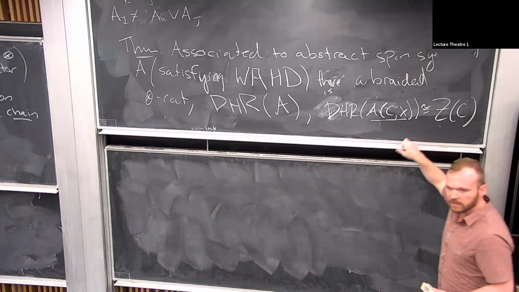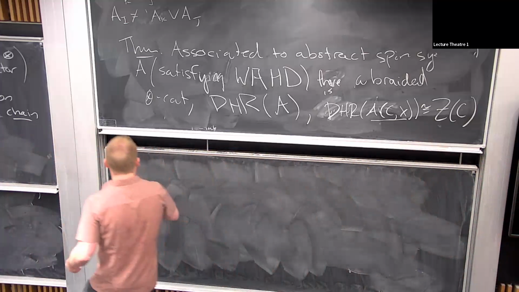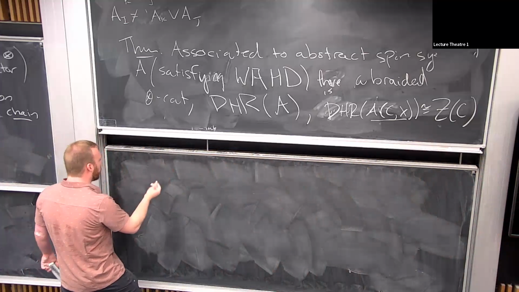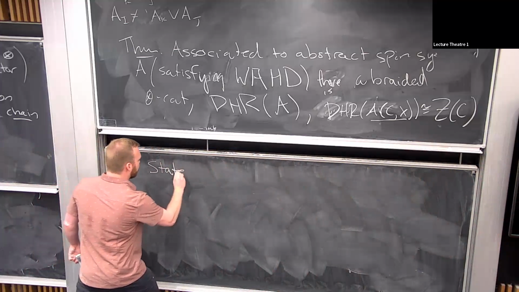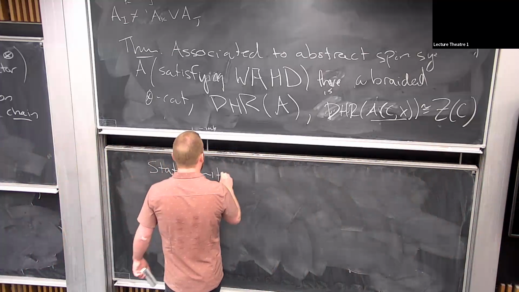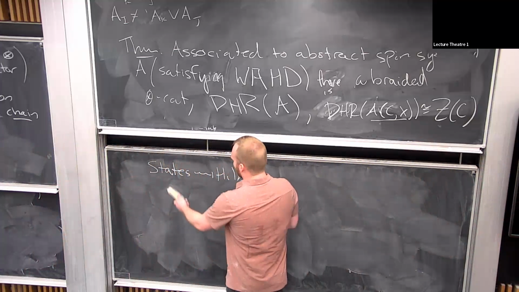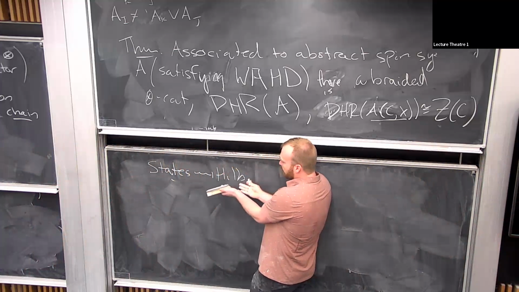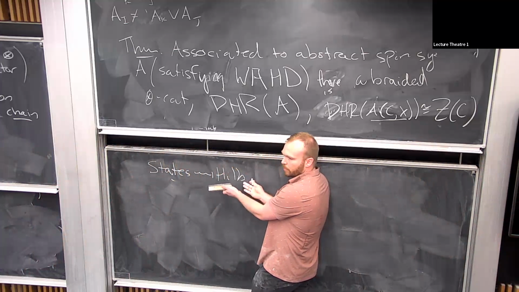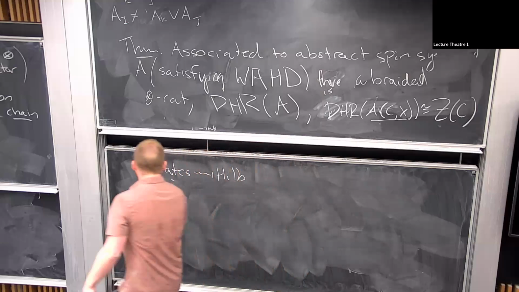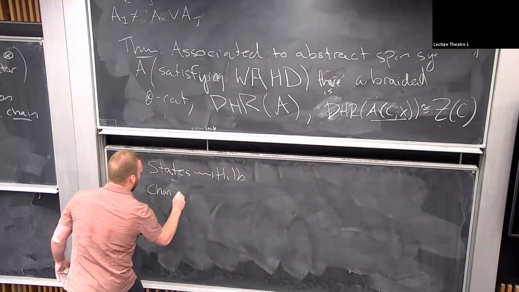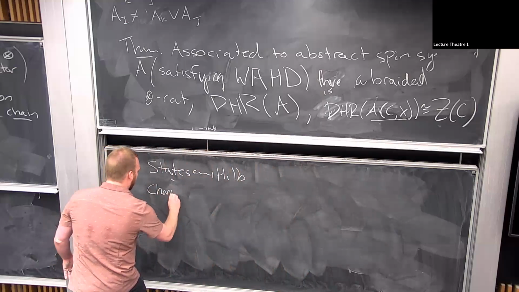So let's define these DHR bimodules. Here's the motivation. We have this relation between states and Hilbert spaces. Associated to a state usually is a vector, at least a pure state, in this Hilbert space. But a Hilbert space is a whole bunch of states that are related to each other. There's an analogy here. It's not a one-way arrow, it's just a wiggly arrow.